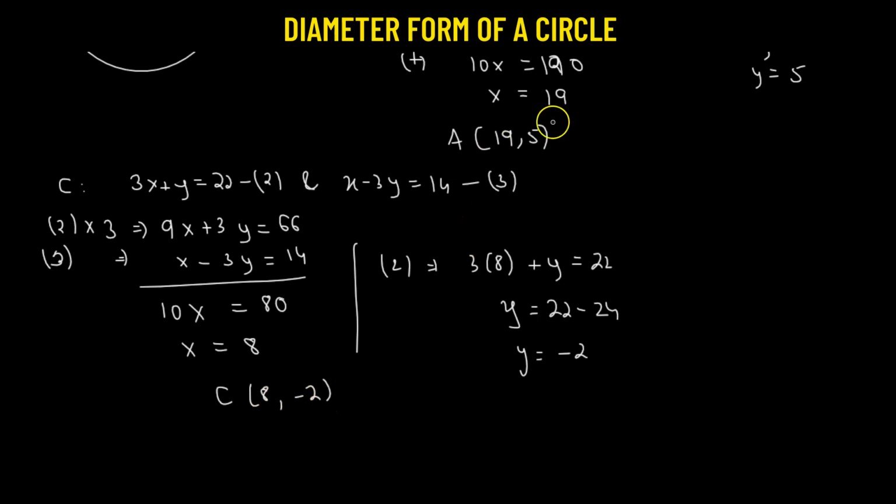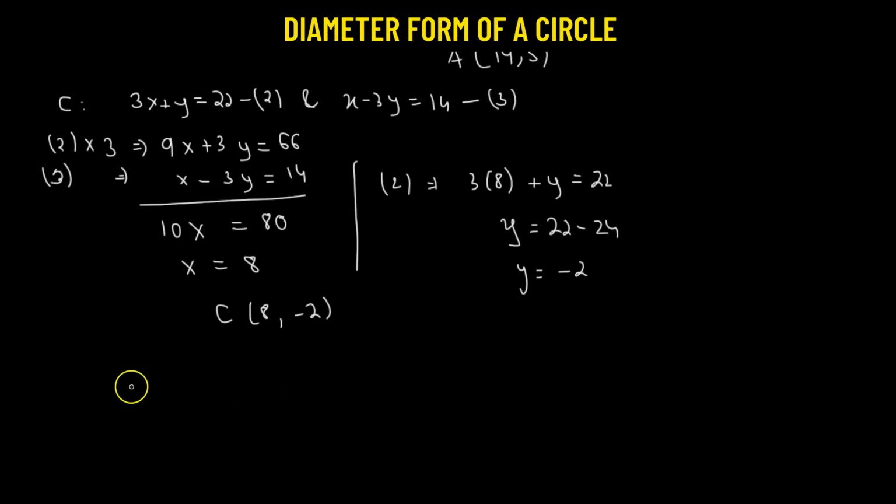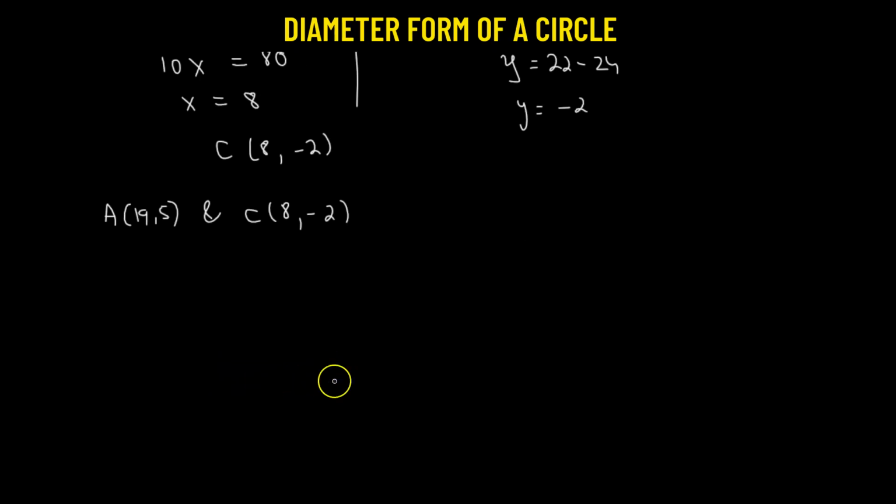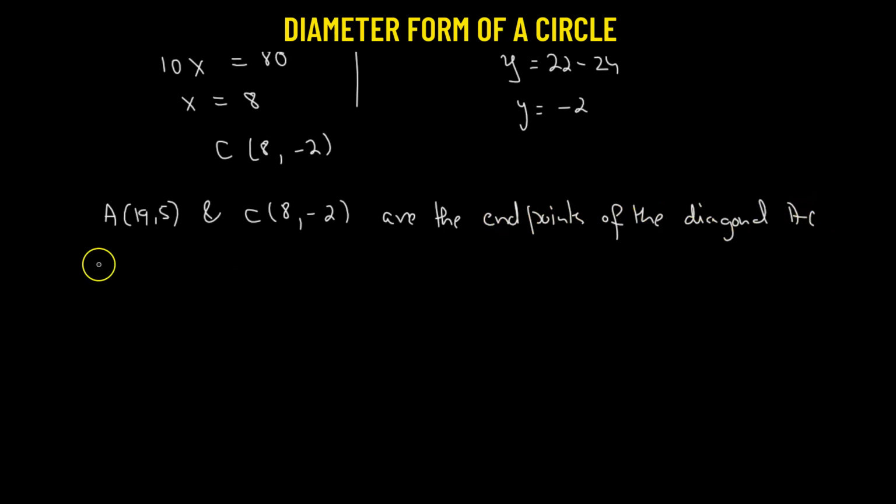So I've obtained the 2 points. A is (19, 5) and C is (8, negative 2). These are the endpoints of the diagonal AC of the rectangle ABCD.